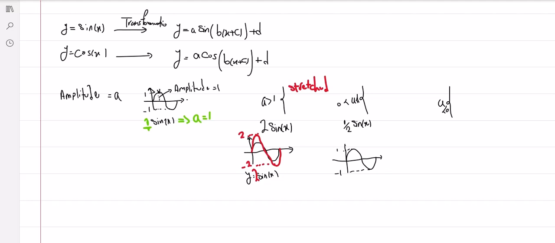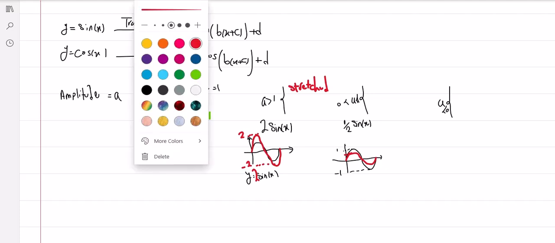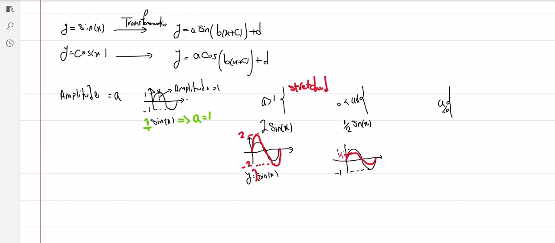Now, if we actually have a coefficient of a equal to 1 over 2, the amplitude now is gonna be compressed vertically. So it would be looking like this, which these values are 1 over 2 and minus 1/2. So as you guys seen here, the amplitude of these functions has changed and it has been compressed.